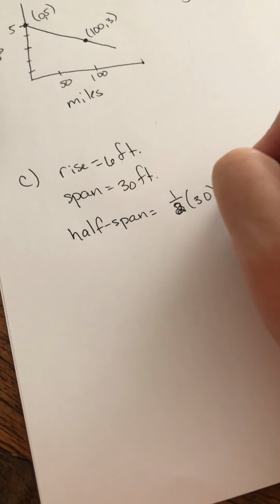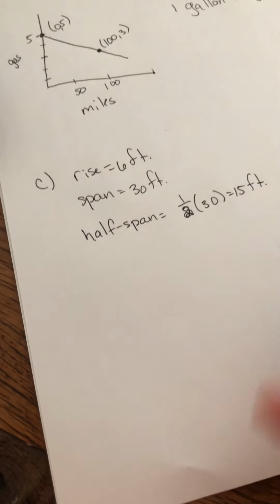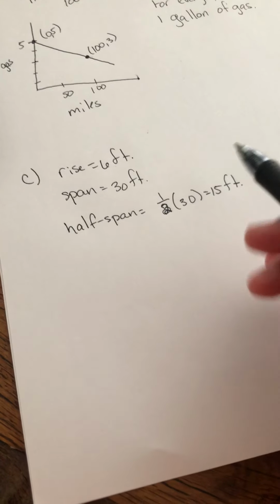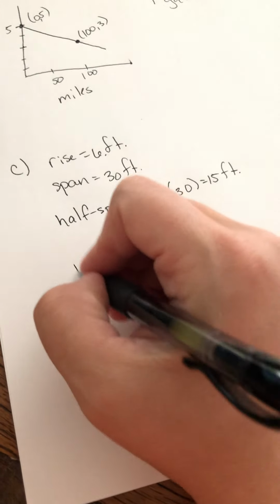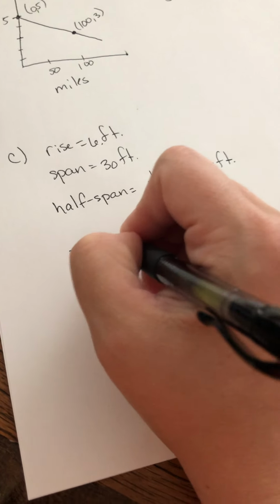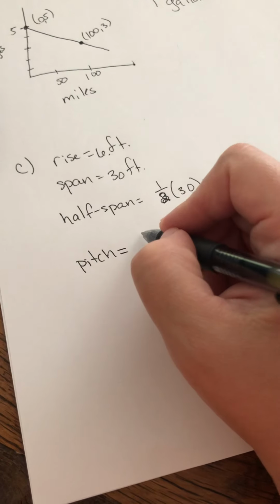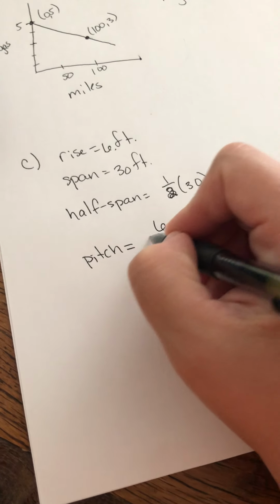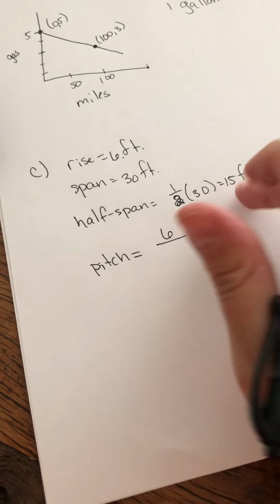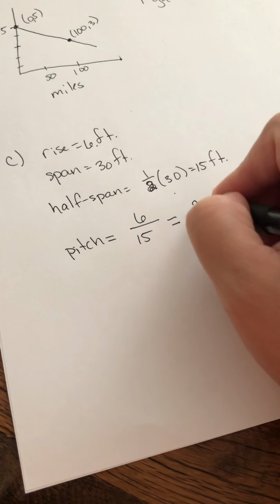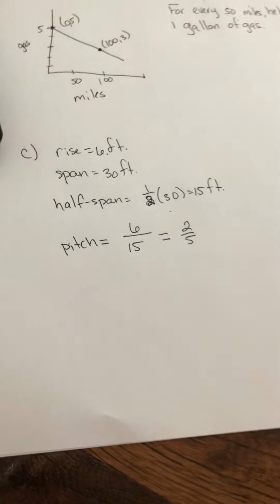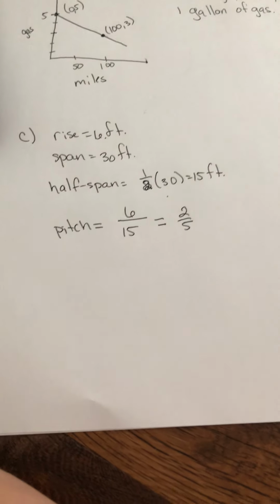Half of 30 would be 15 feet. So the pitch of the roof is the ratio of the rise to the half span. So our pitch would be equal to our rise, which is 6, over our run, our half span, which is 15, which reduces to 2/5. So our pitch of that roof is 2/5.